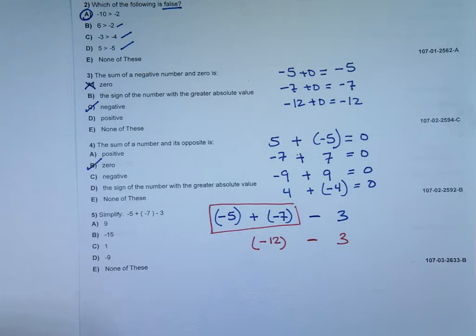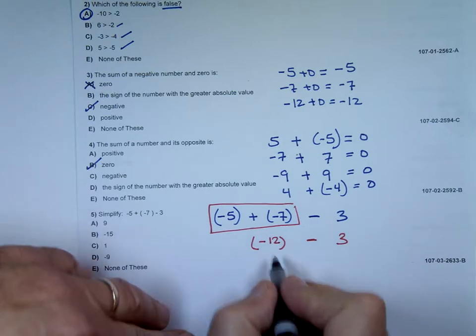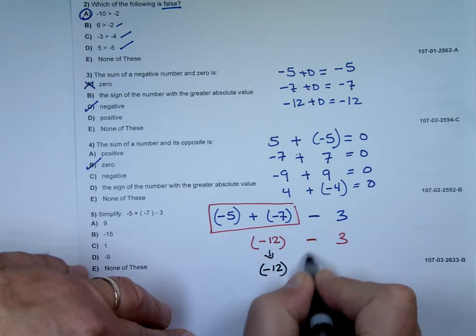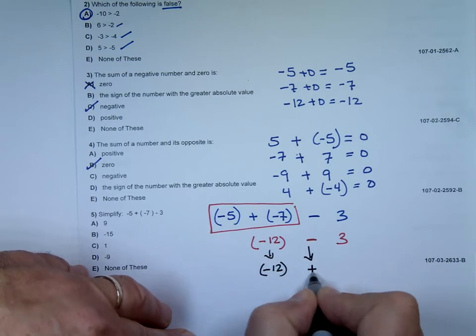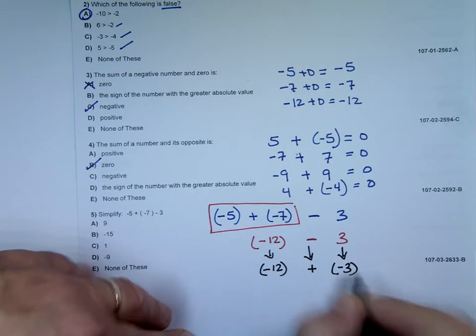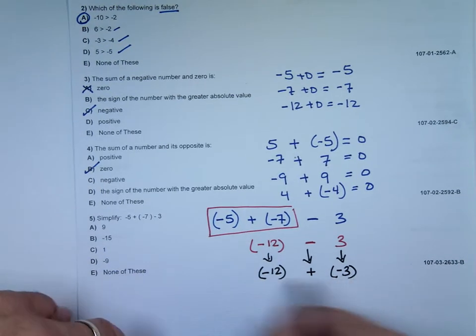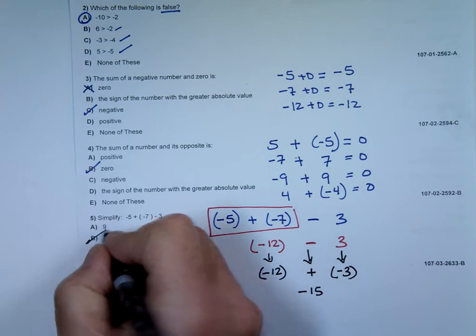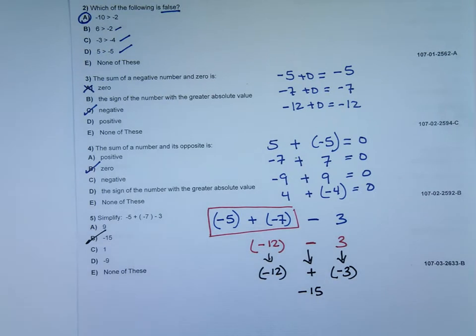If you remember, keep, change, change. Keep the first number, change the sign to positive, and change that number to what? -3. Now these two numbers have the same sign. What do we do? Add them and keep the sign. -15. Keep, change, change for subtractions.